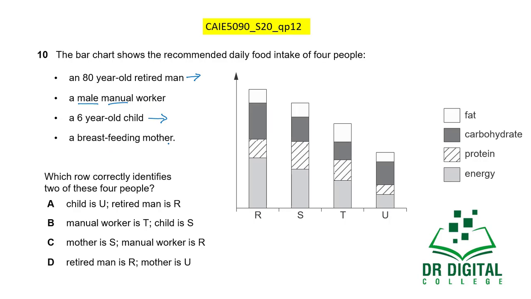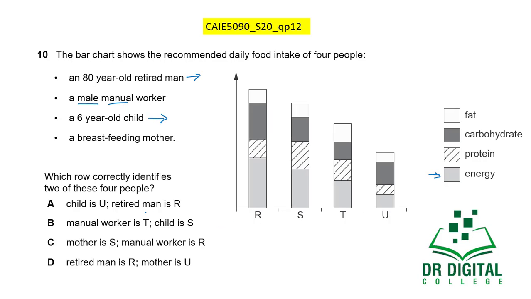A breastfeeding mother, yeah, she is producing milk for her baby, so she will need more energy. Which row correctly identifies two of these four people? So R is using the highest energy. So R should be the male manual worker.